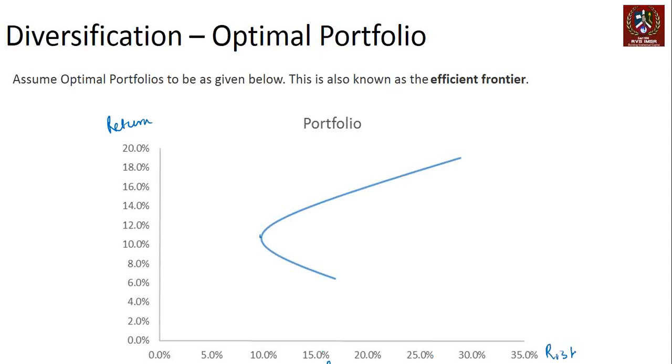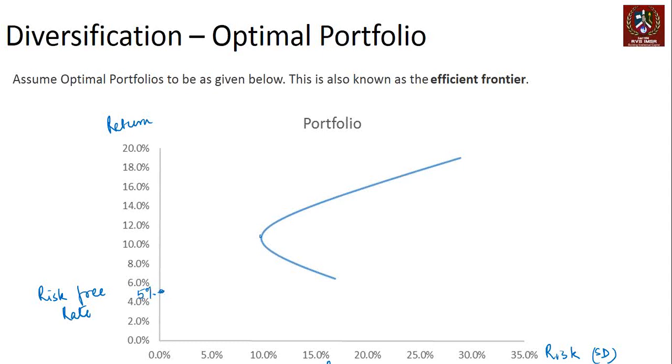So this is the risk here, in the form of standard deviation of the portfolio. Now what we are saying is that this point here is the 5% level, which is where the risk-free rate lies. Now I can borrow and lend unlimited amounts at this point.